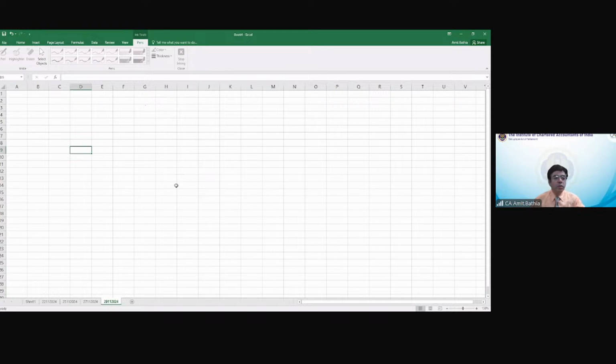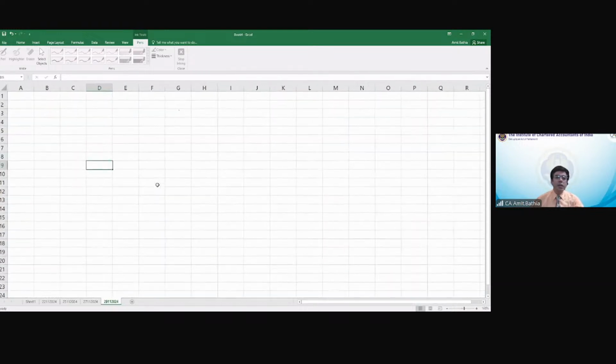So the first concept that we are going to start today is about swap points, which are also known as forward points.